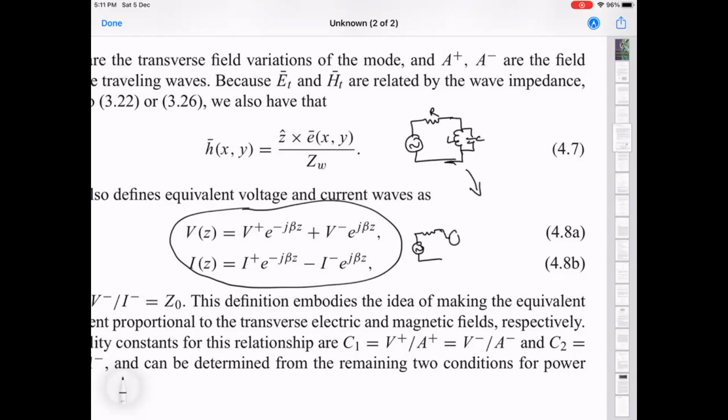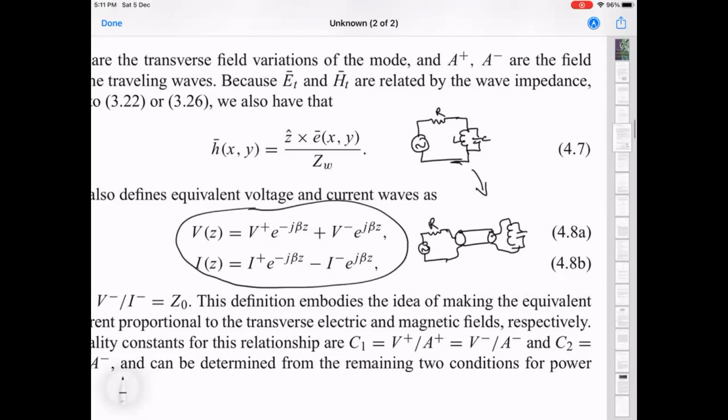But now if I introduce a transmission line in between, this is a simple case where the math is not very complicated, where this R is equal to the Z naught of the transmission line, right?